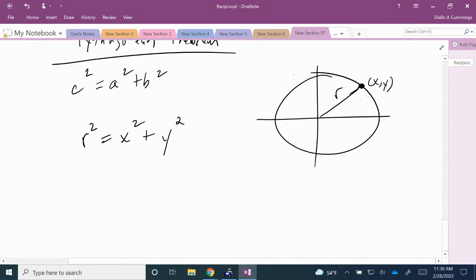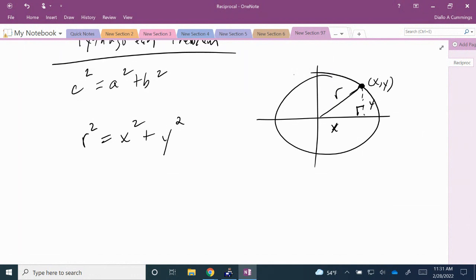It has x comma y. We can drop a perpendicular. This is x, this is y. This is our right triangle. So instead of using c, a, and b, we're using r, x, and y. So we've seen r squared is equal to x squared plus y squared.